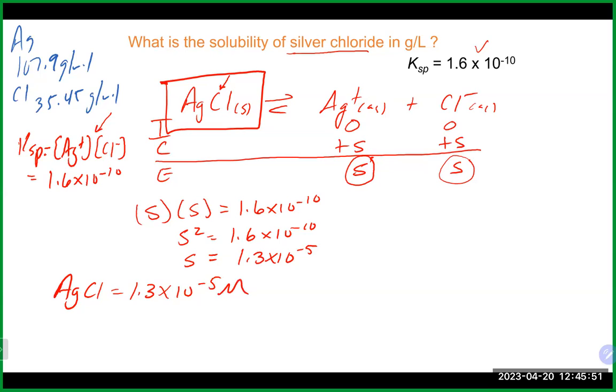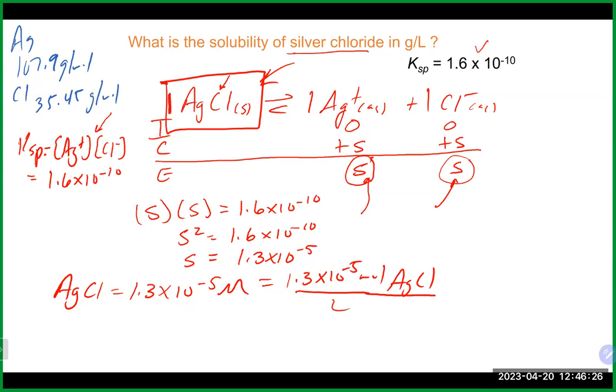If you're not sure how that works, if we put that number back into here, it is a 1-to-1 relationship between those two, which means it'll be the same number. Even if it's not a 1-to-1 relationship, you would divide out the numbers. So typically speaking, when you solve for S, that is the molar solubility of your compound, the whole thing in most cases, okay? So that basically is 1.3 times 10 to the minus 5 moles per liter of silver chloride is what we got going on there.